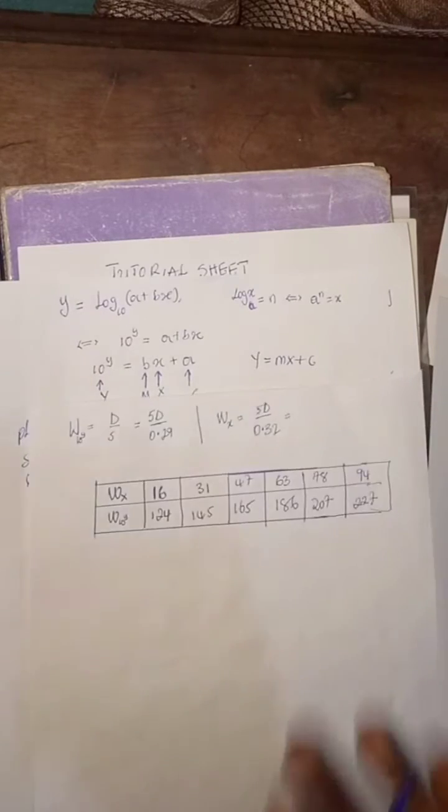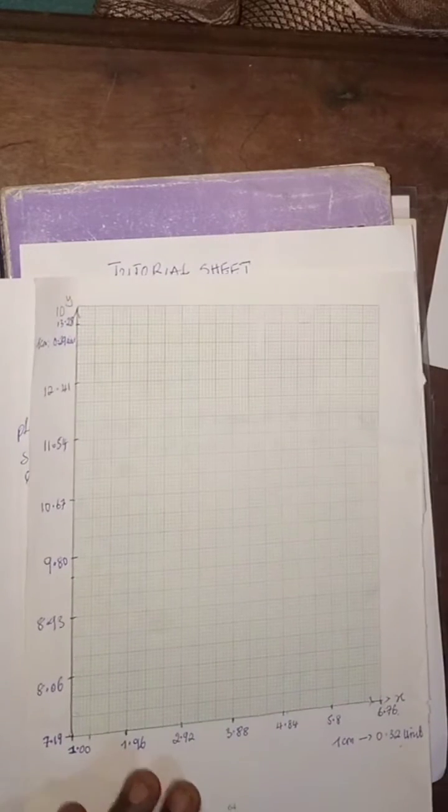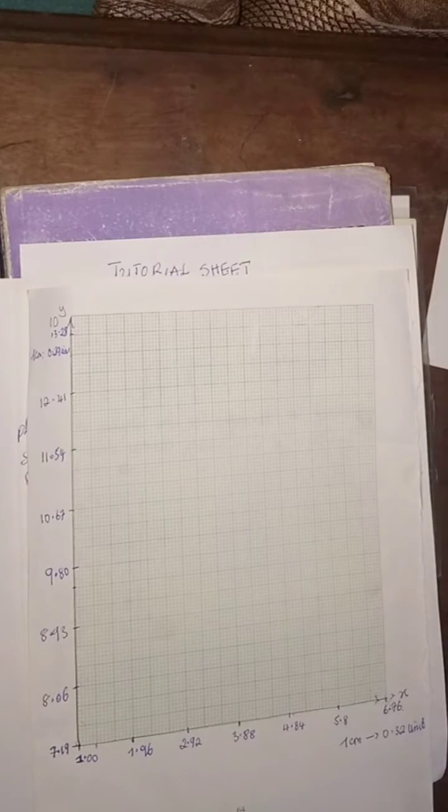Remember, what we have done here is rough work. It's a method, but you don't indicate it in your answer sheet. So I'll come now to my graph paper using the same notation. Since I'm plotting whole numbers, I have to number my graph paper in terms of whole numbers. I'll take the first data point.